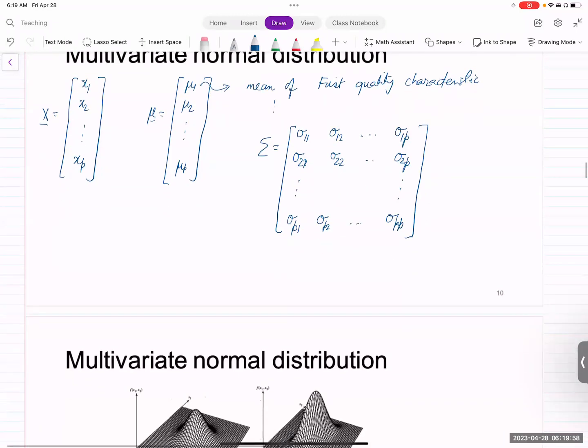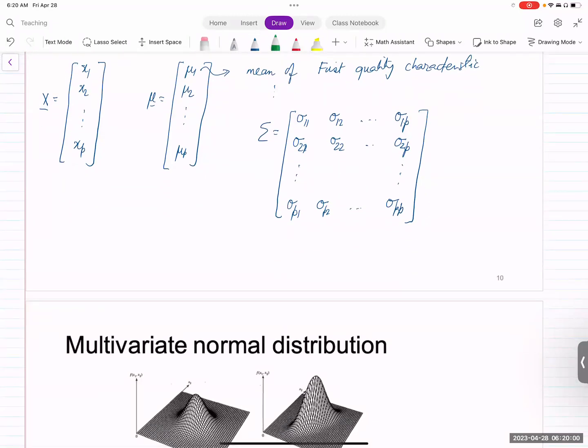The very first thing is that the diagonal elements of this matrix are essentially the variances of the ith quality characteristic.